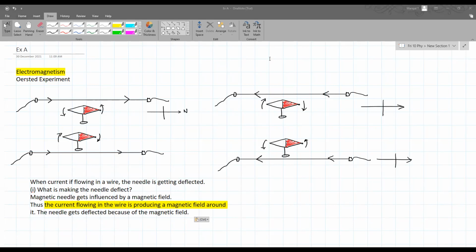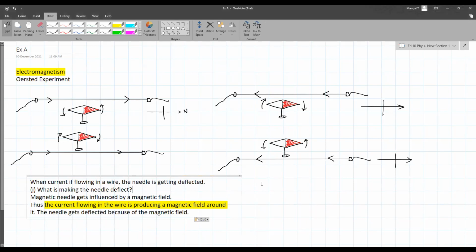And what we see is that the current that is flowing in the wire is producing a magnetic field around it. Now this phenomenon, which Oersted discovered, is called the magnetic effect of electric current. That is called the magnetic effect of electric current. Fine.